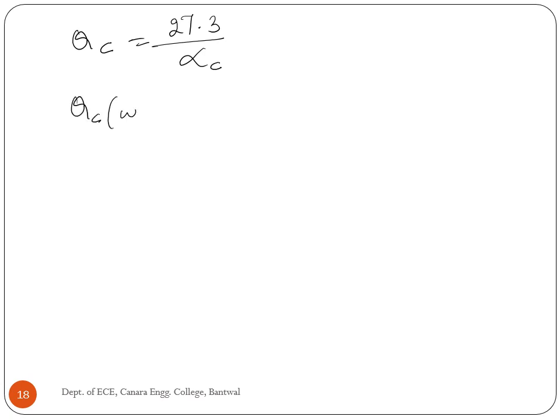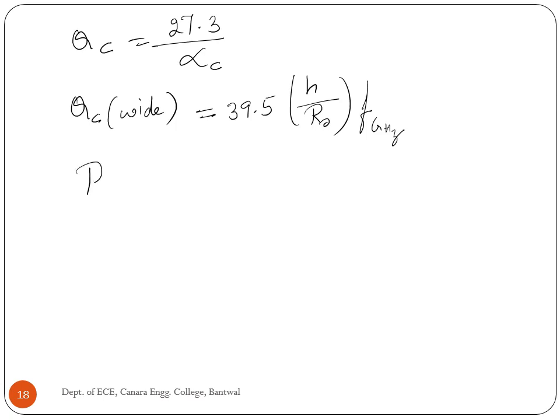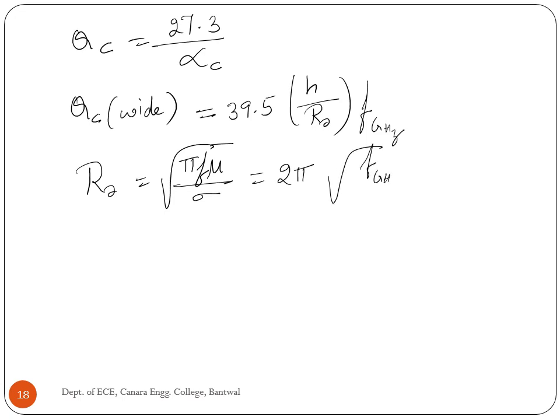Quality factor for wide microstrip line is expressed as 39.5 H divided by Rs into frequency in gigahertz, where Rs is equal to root of pi f permeability divided by sigma, which is equal to 2 pi root of frequency in gigahertz divided by sigma in ohm per square.